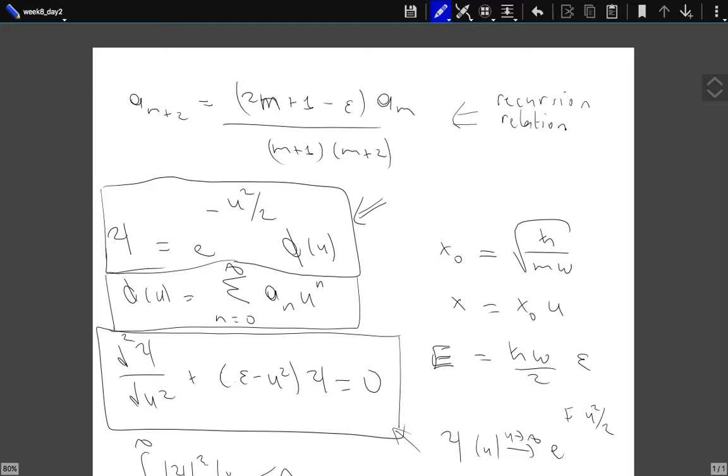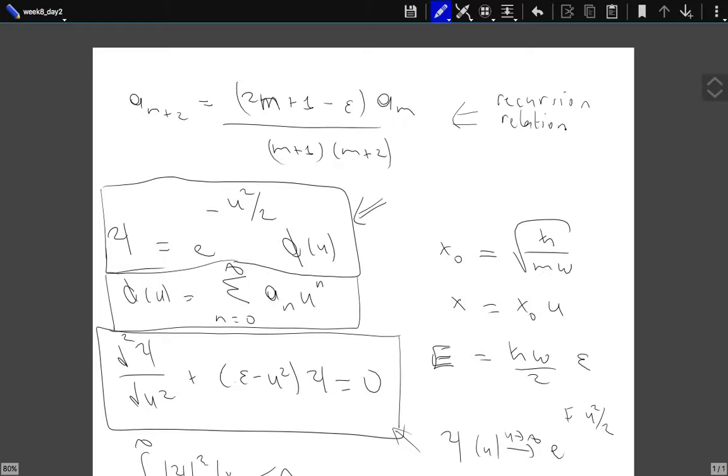Basically, if you give me what a0 is, using this relation, I can determine a2, a4, a6, a8, etc. And if you give me a1, I can determine a3, a5, a7, a9, etc. So if you just tell me what a0 and a1 are, then I know the function. So a0 and a1 are arbitrary.